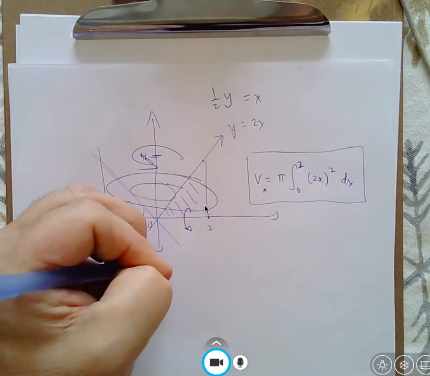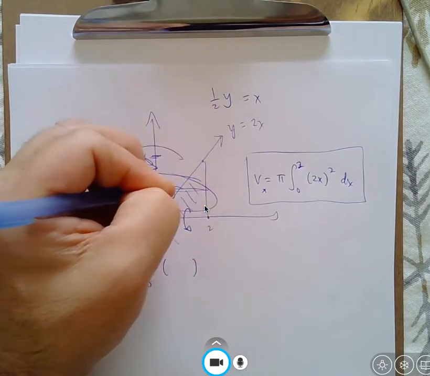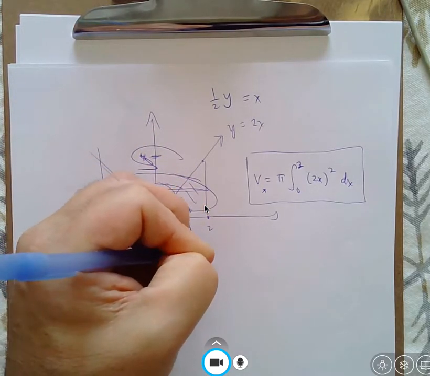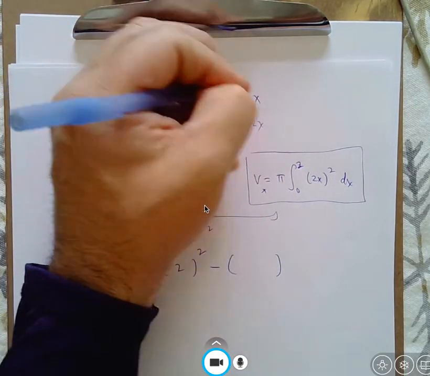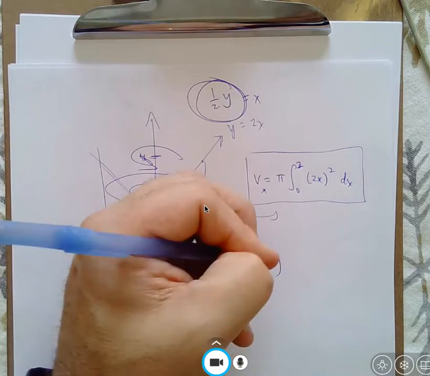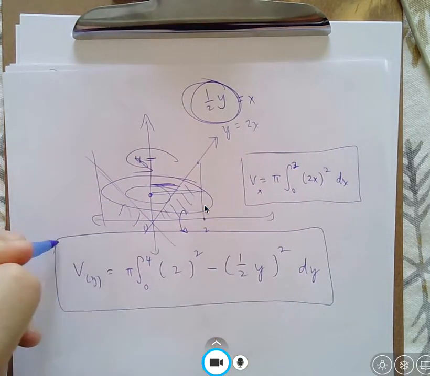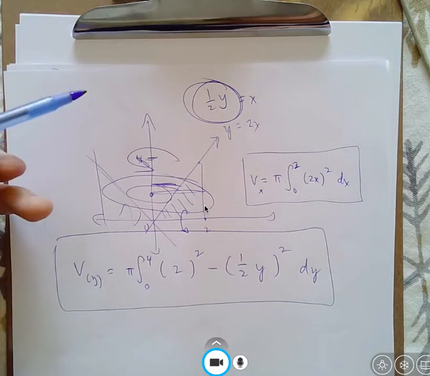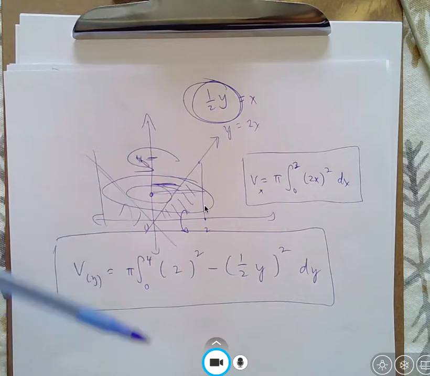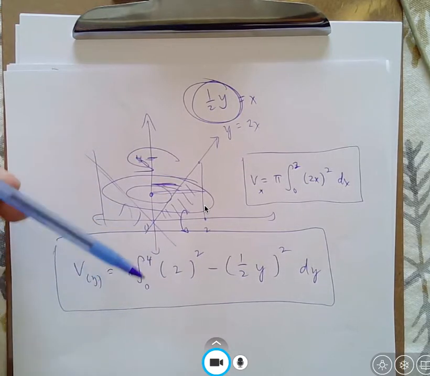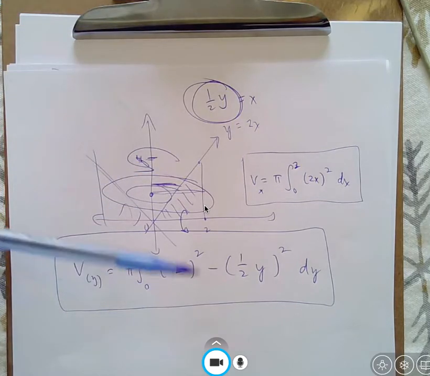The outer squared is going to be the distance from the y-axis to the outer, which in this case is 2, and the distance to the inner is going to be 1/2 y squared. So that's kind of the difference between the two types of problems. And again, I think that that's where the mistakes were generally made, but I will say that that's a tricky part to volume.